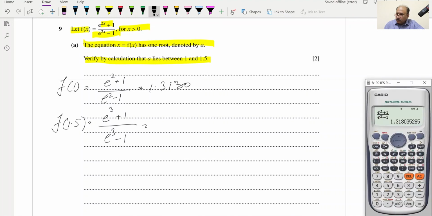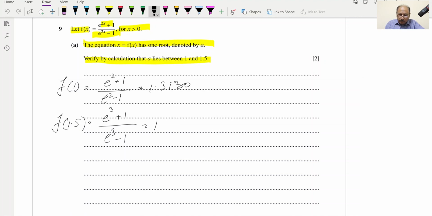Here we change the power to cubed, and this is equal to 1.105.